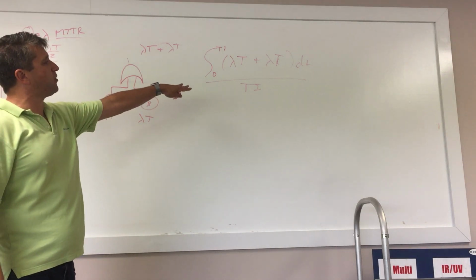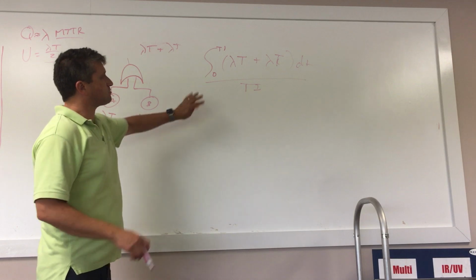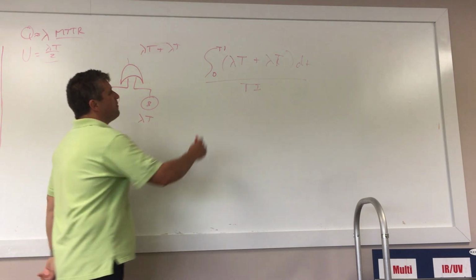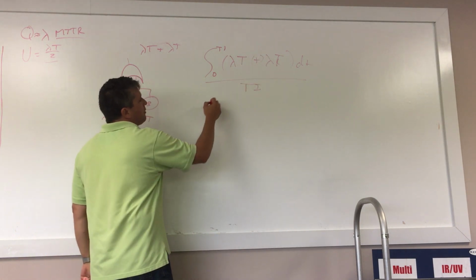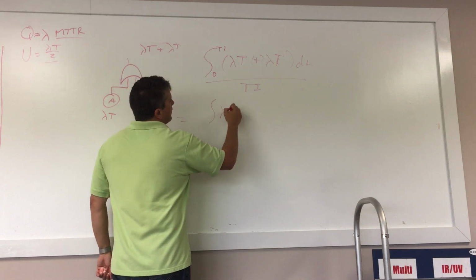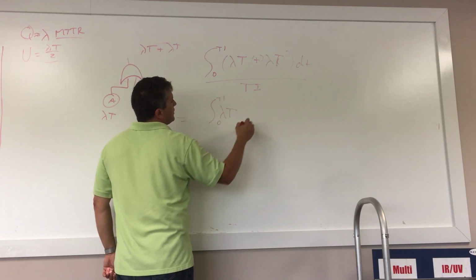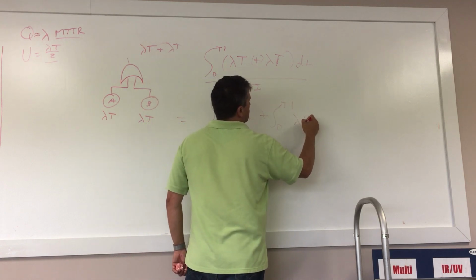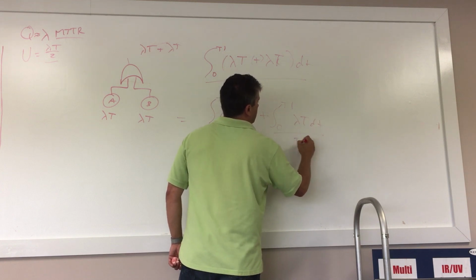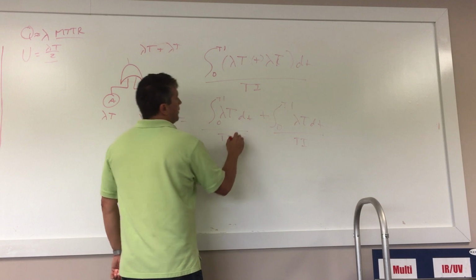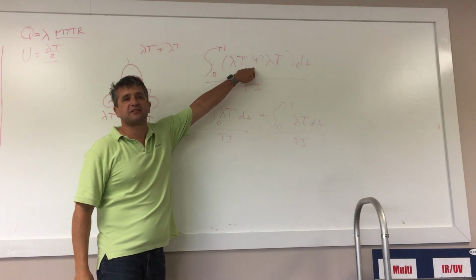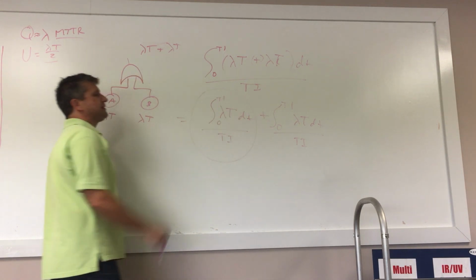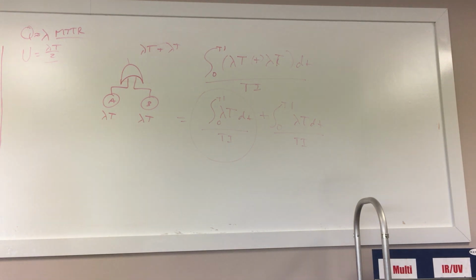And the first thing that I'm going to do is, because of the transitive, commutative property, I can't remember what the property name is, but basically because we have an addition here, this is going to be equal to this plus this. Because we're adding instead of multiplying, we can separate these things out, and this is exactly the same thing as we had for our 1 out of 1 voting arrangement.